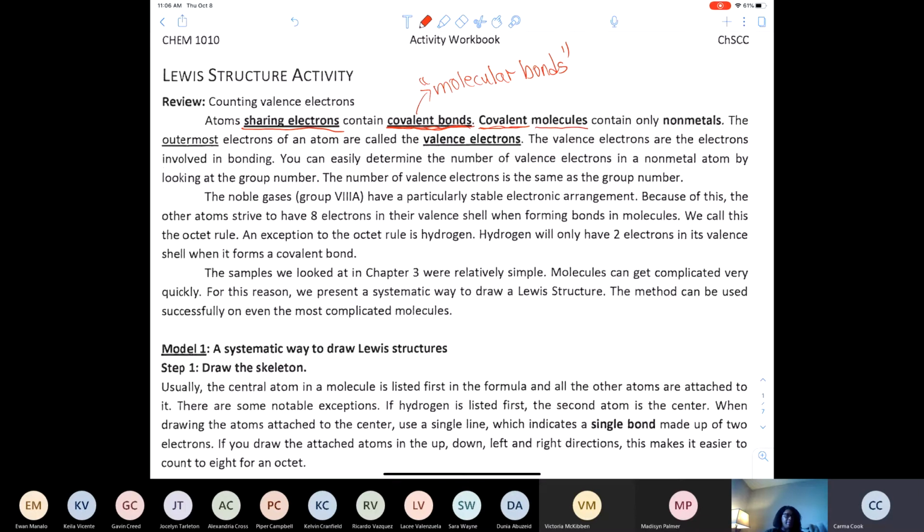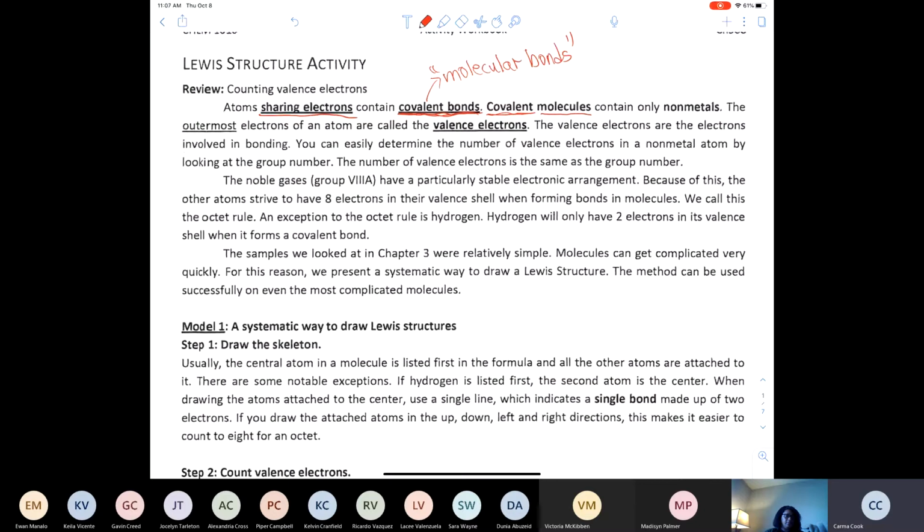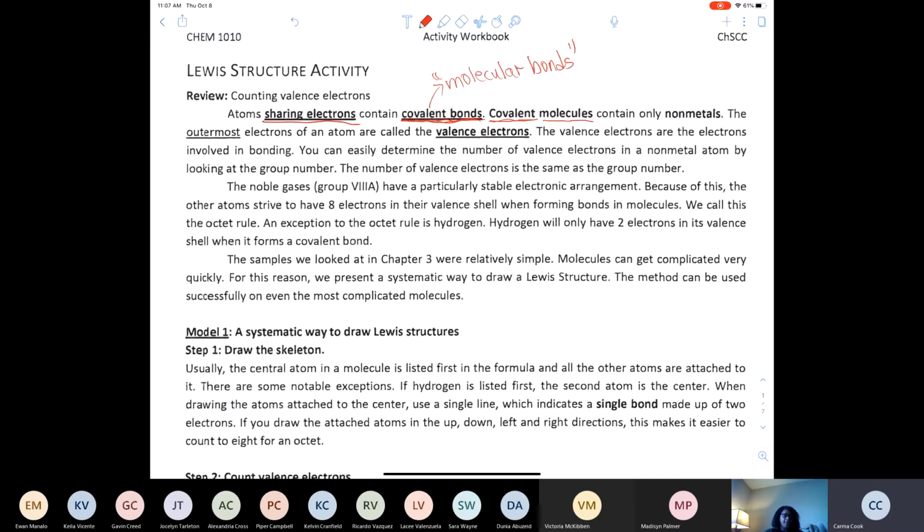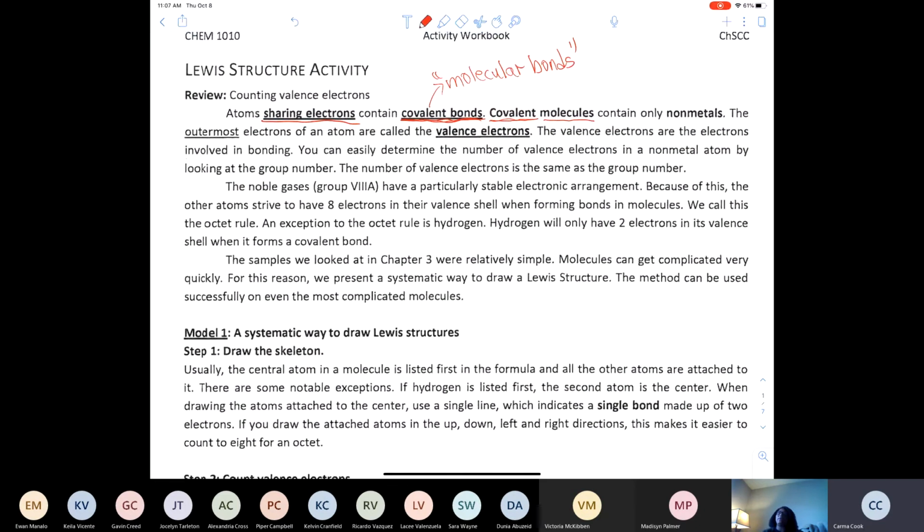They contain only nonmetals. And so when two nonmetal atoms come together to share electrons, the question is, which electrons will they share? They're only going to share their outermost electrons.